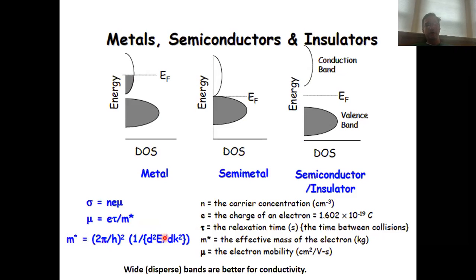Qualitatively speaking, the greater the slope of your band, or in other words, the wider your band, the better this is for the electron mobility, because the effective mass m star becomes smaller, and as m star becomes smaller, the electron mobility becomes larger. Therefore, by looking at the slope of the band, we can make estimates on what the electron mobility of the charge carriers is. Charge carriers, not characters.